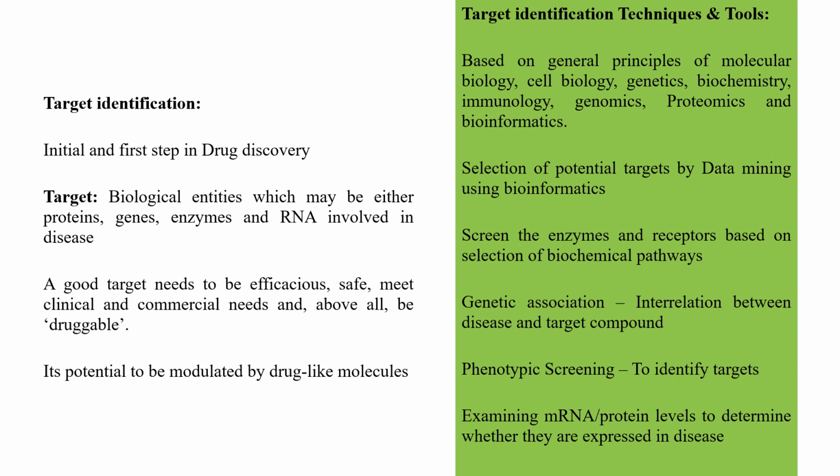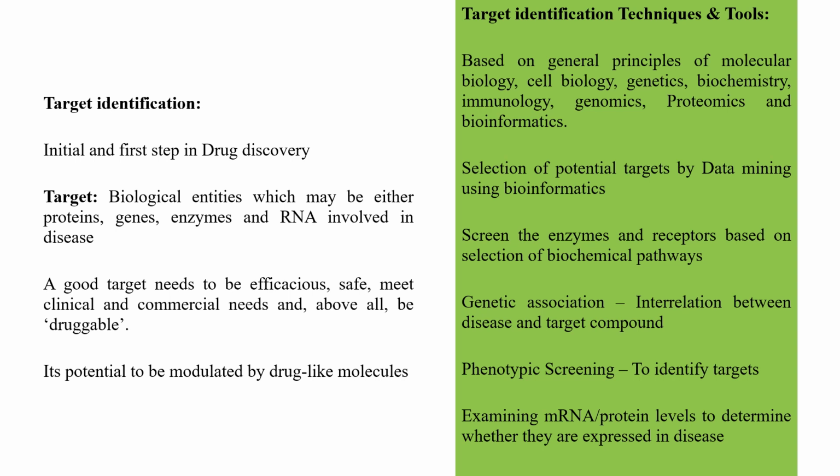So there are several tools that have been used for target identification, which are given on the right-hand side of the slide. If you want to identify the target, we should have a basic understanding of the various principles of cell biology, molecular biology, biochemistry, then genomics, proteomics, and bioinformatics.